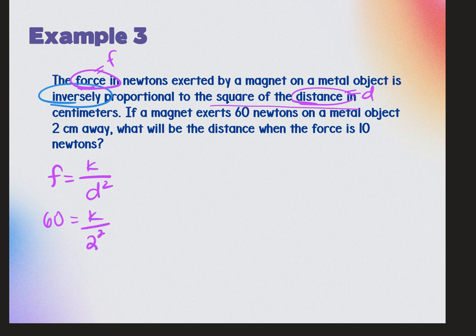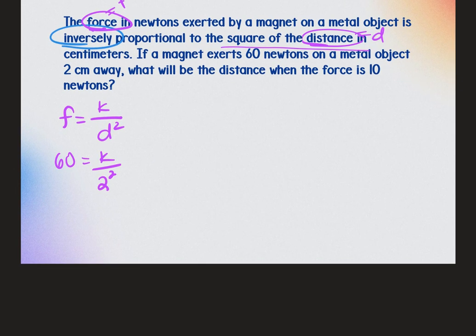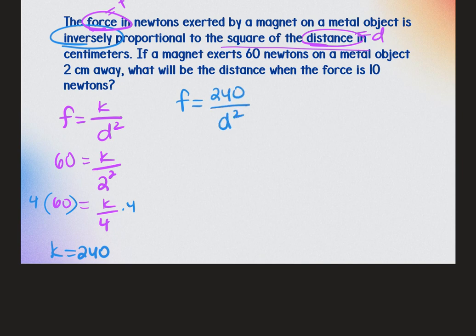What will the distance be when the force is 10 newtons? I have to solve for K here. So 60 would equal K over 4. Multiply 4 on both sides. And K is 240. So my relationship is that the force would equal 240 over the distance squared.